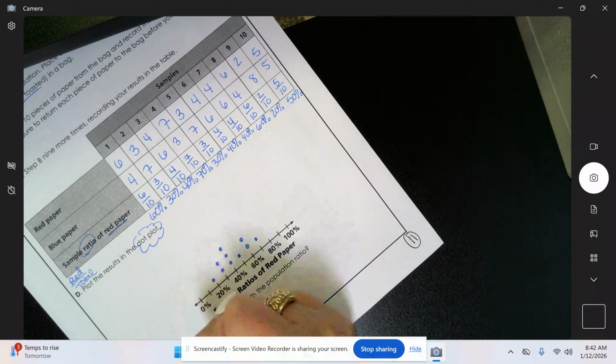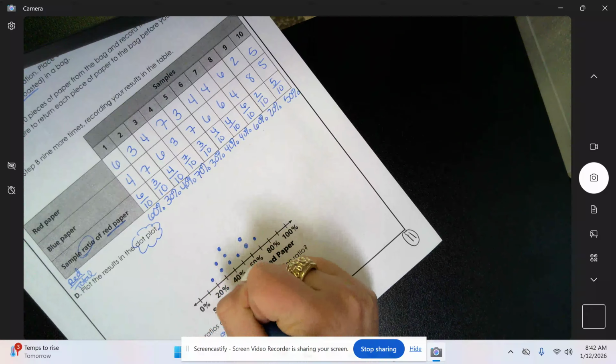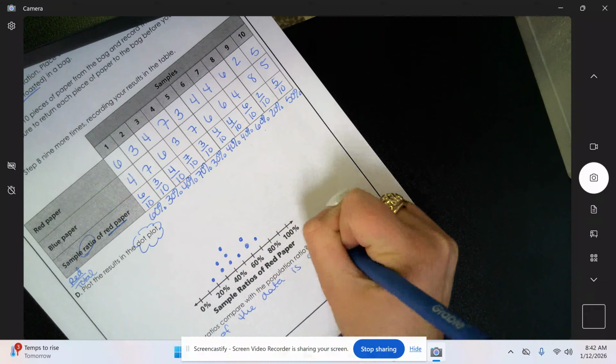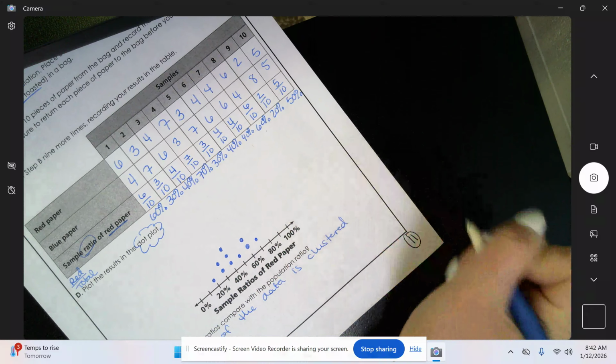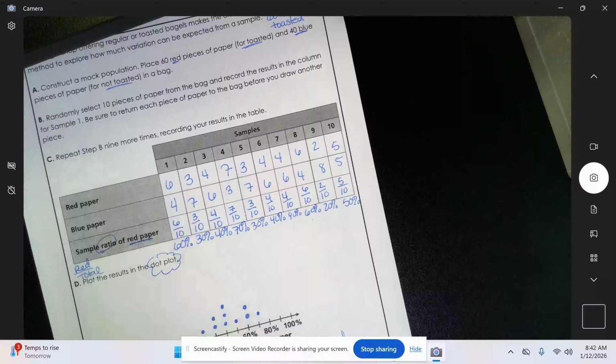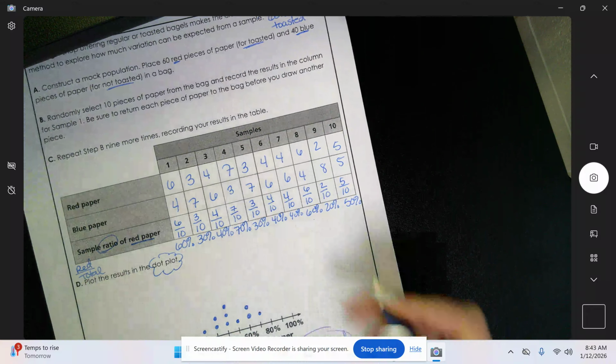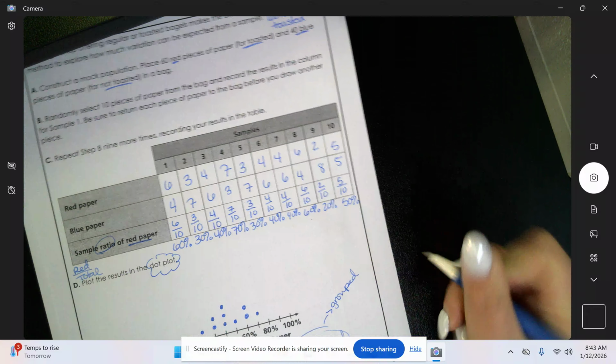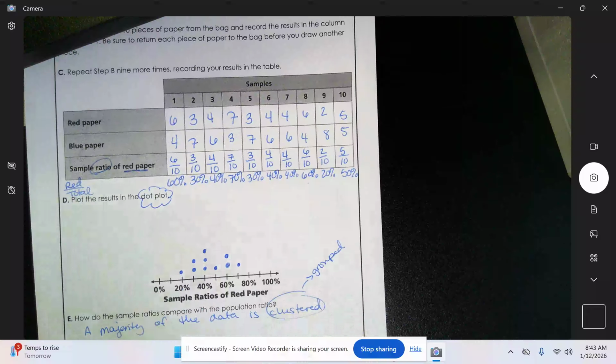majority of the data is clustered. What does the word clustered mean? What is a cluster? Cluster means it is grouped around. And where did we say the biggest group was? What was it clustered around?